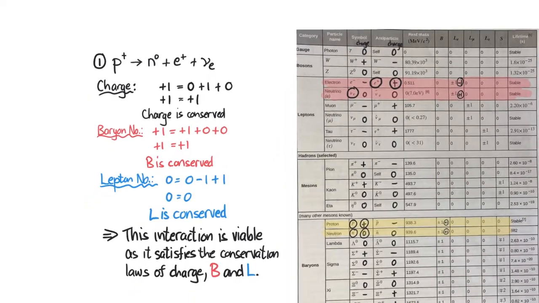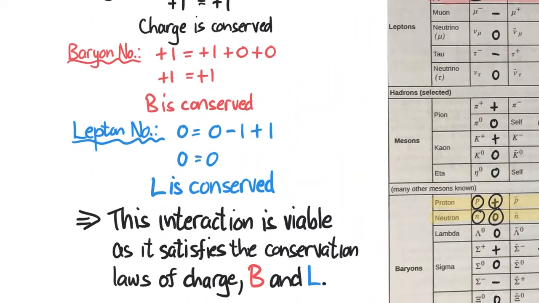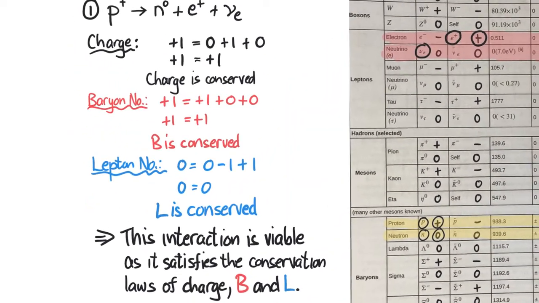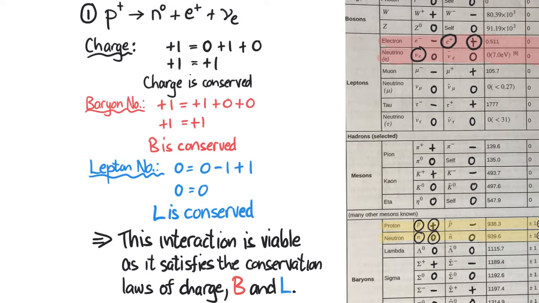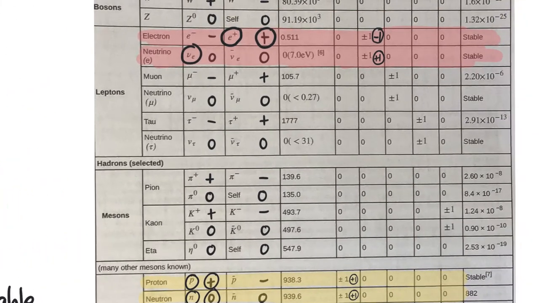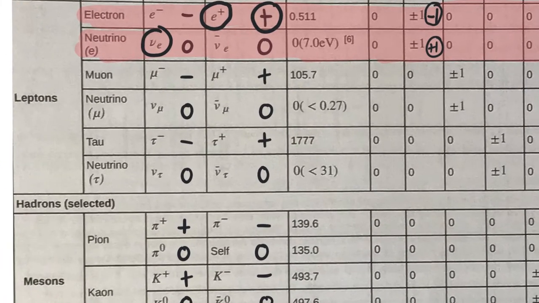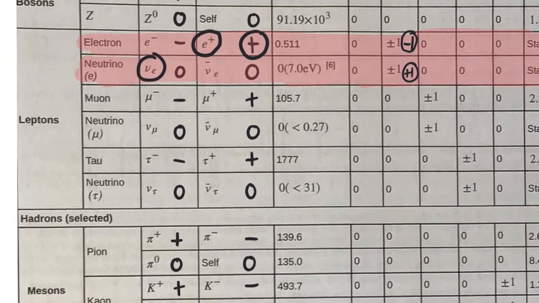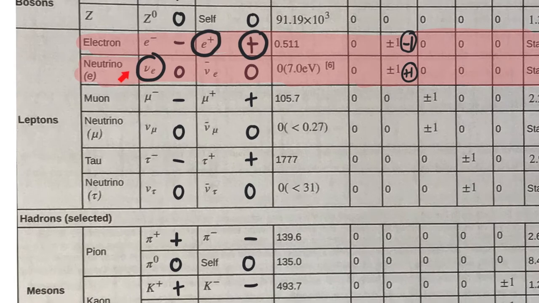So when we now look at the lepton number, the electron neutrino has a lepton number of +1, and we can look and see in the table, if we go to the electron neutrino, we see that it has a lepton number of +1.